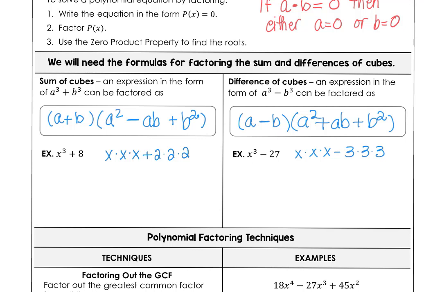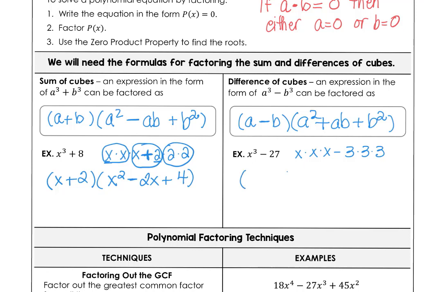So using the pattern above, we want to identify our players. They are x and 2 with the operation of addition. And then we're going to take 2 at a time. X times x, switch the sign here to cancel out the middle term, 2 times x, and then keep the last term always plus 2 times 2.